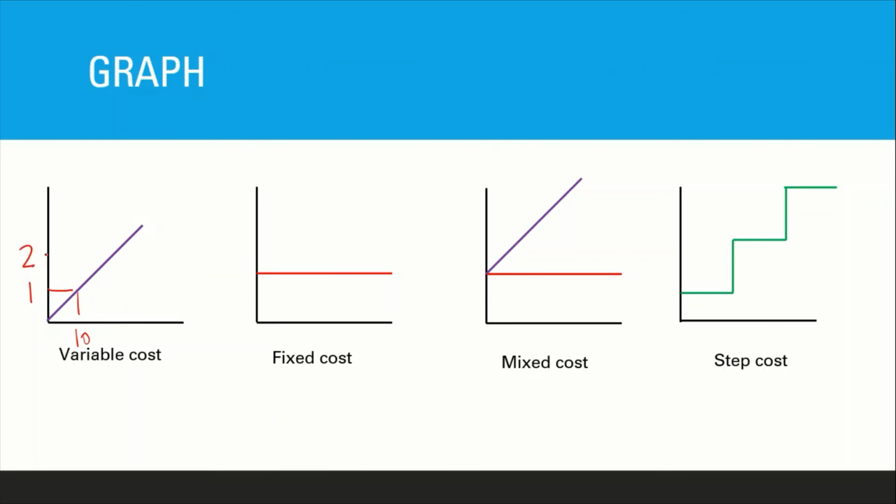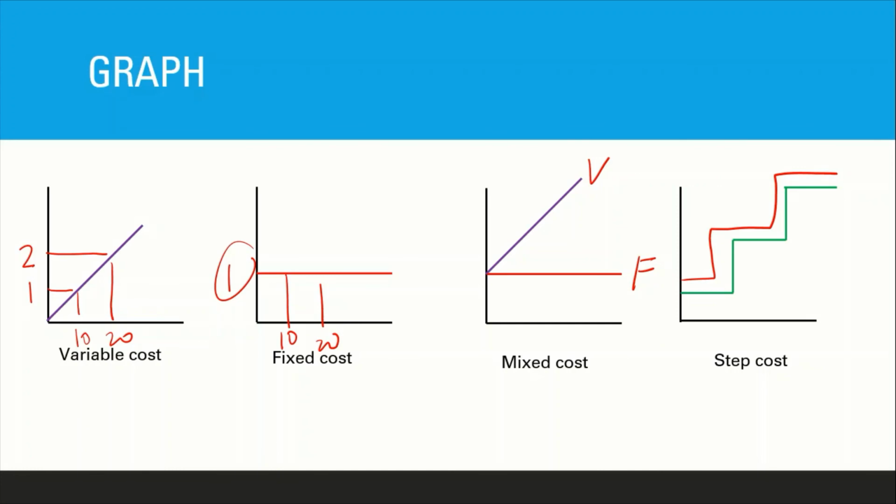But when the quantity is 2, the cost will be 20, like that, constantly. While for fixed cost, even though the quantity is 1, 10 or 20, the cost is still the same. For semi-variable cost, you have both the variable and the fixed. While for step cost, you go one level at a time.